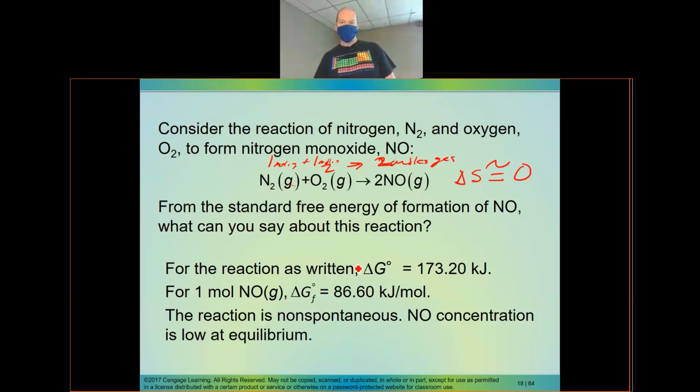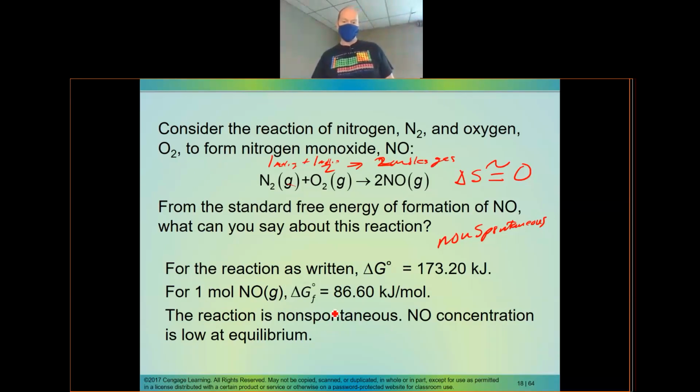So for the reaction as written, your delta G is 173.20 kilojoules. All right, so that is greater than plus 10. This is plus 173.20, and so this is non-spontaneous. That means the reaction is not going to the right, which means you have a ton of reactants and very few products.